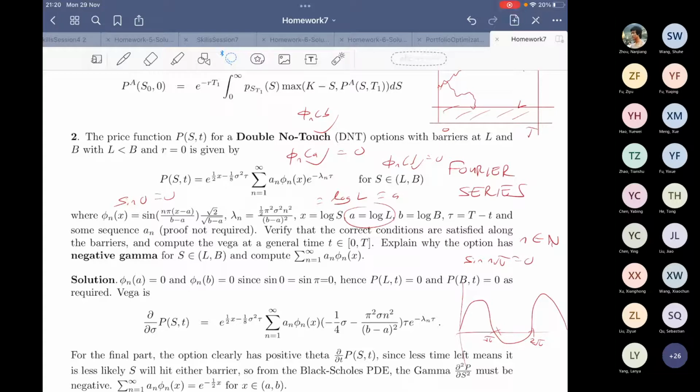The one thing we can't do, because I've just given you this formula from thin air, is trivially prove the correct terminal boundary condition. So we have to assume that I've calculated the Fourier series correctly. But what it does tell us is that, assuming that I have, and I'm jumping ahead slightly, here I ask, what is the sum from n equals 1 of a_n phi n of x?